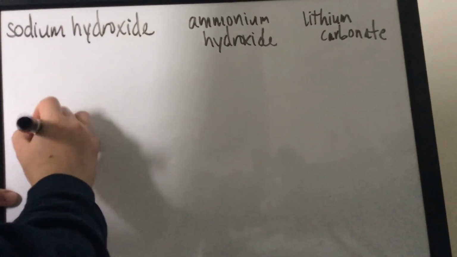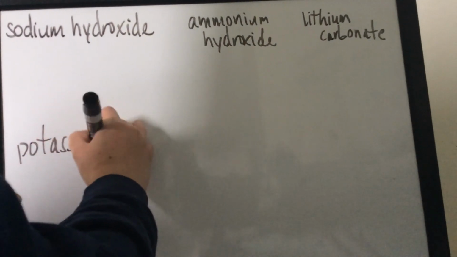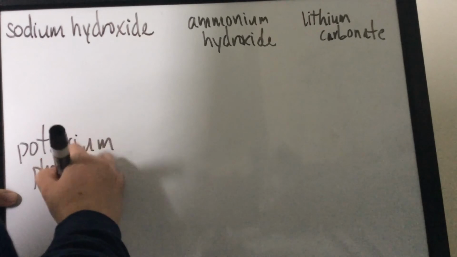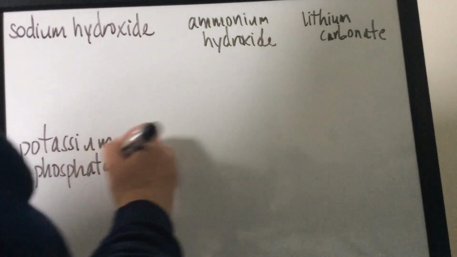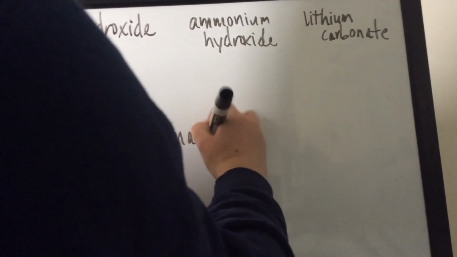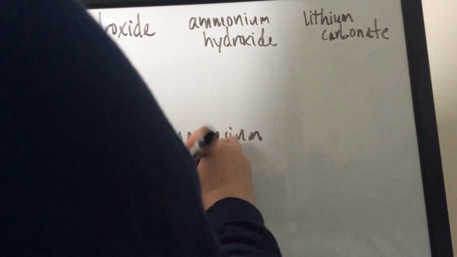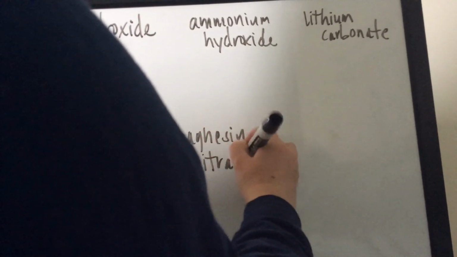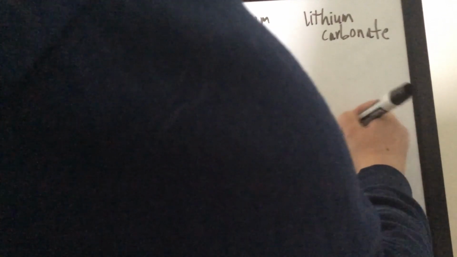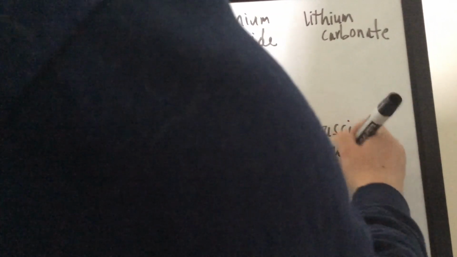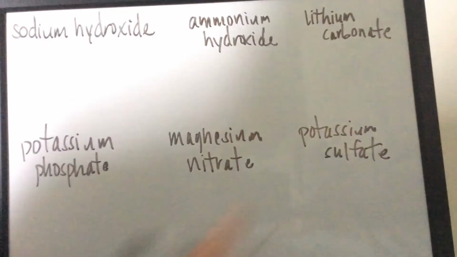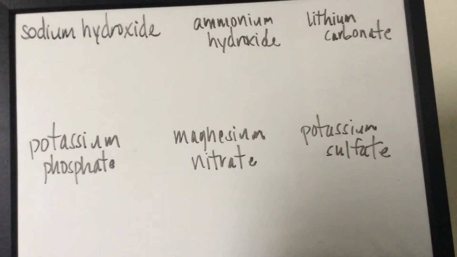Potassium phosphate. So again, the important thing to know is that all the same rules apply. Charges have to add up to 0. You do that by adding more of something. And then you write a formula. Okay, so here we go.